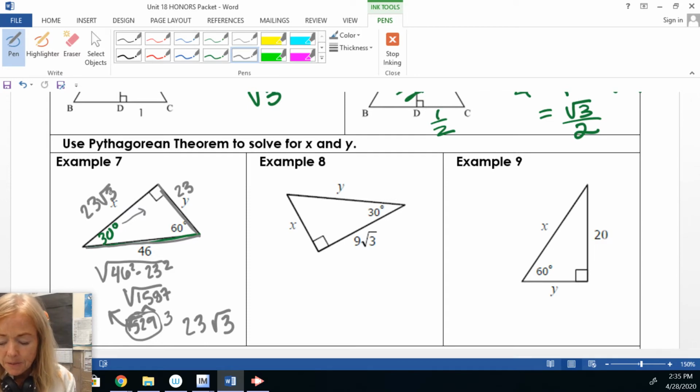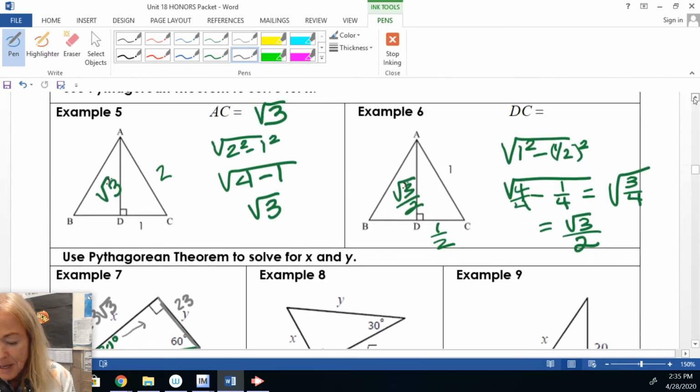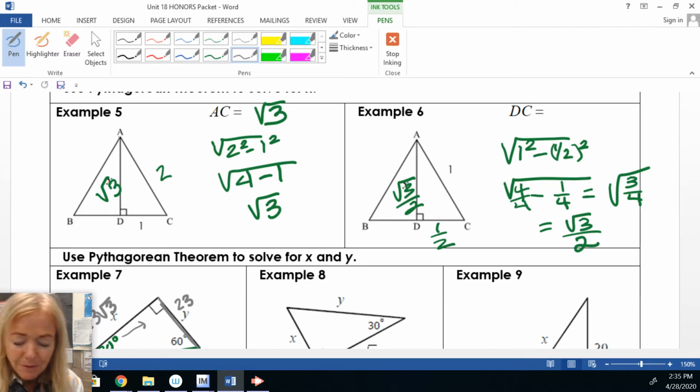Now, next one. This one is going to be a little tricky to come up with using the Pythagorean theorem. So I'm going to point back to what we did before.